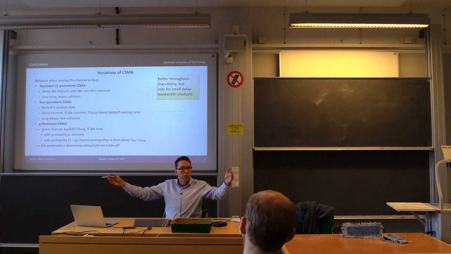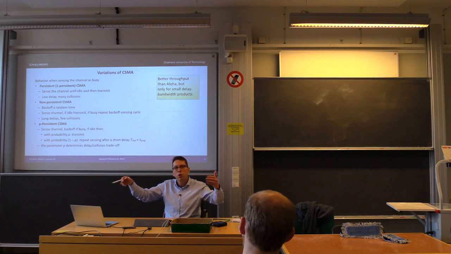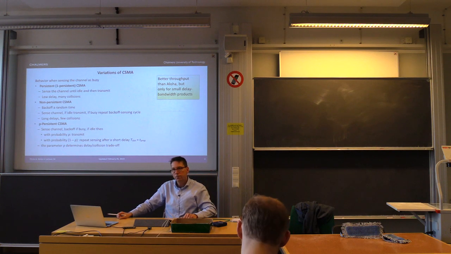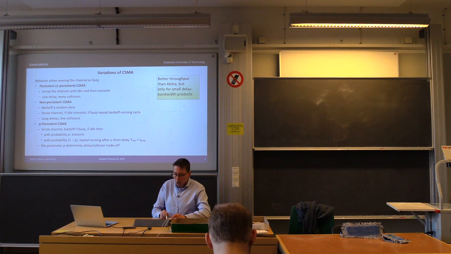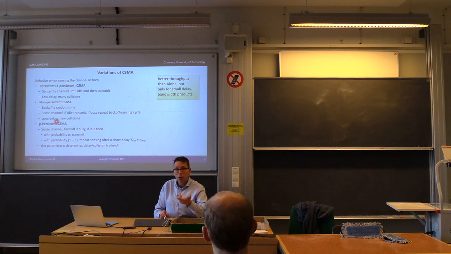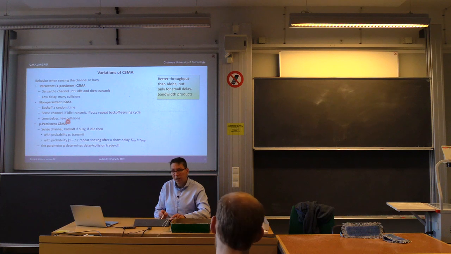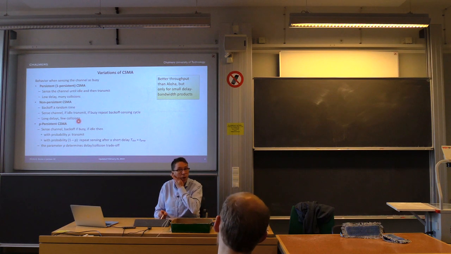If the selection of these back-off times is big enough, then there is a fair chance that these stations will not collide afterwards. So it has to do with how we design the random back-off time. This typically has longer delays because we wait on average a longer time before we try to transmit, but there are fewer collisions.